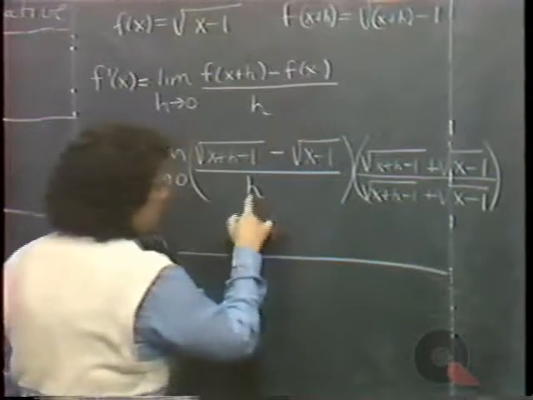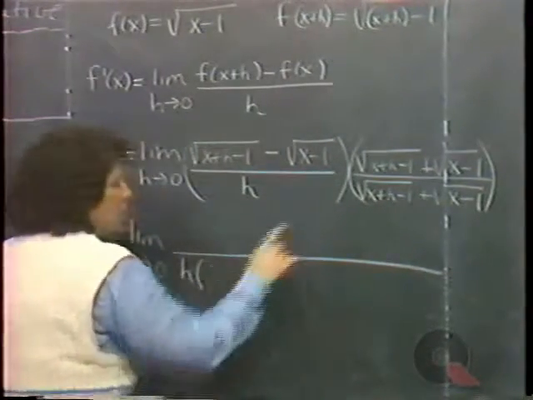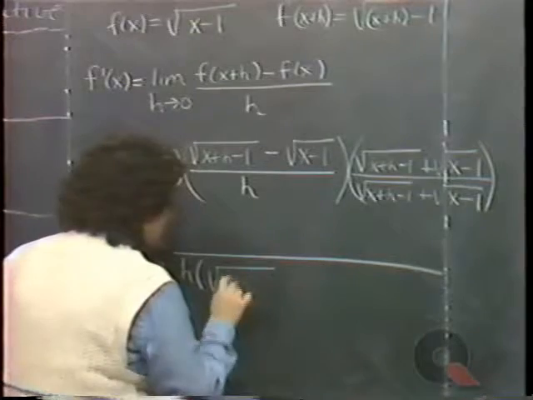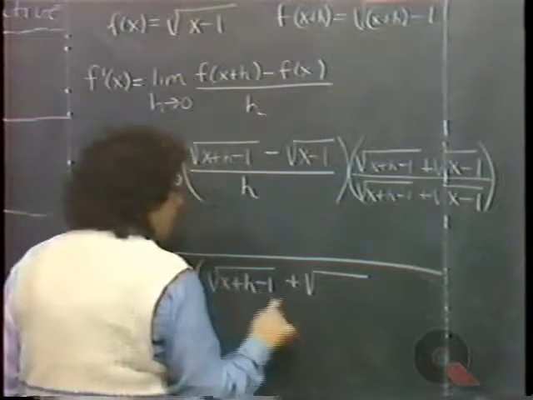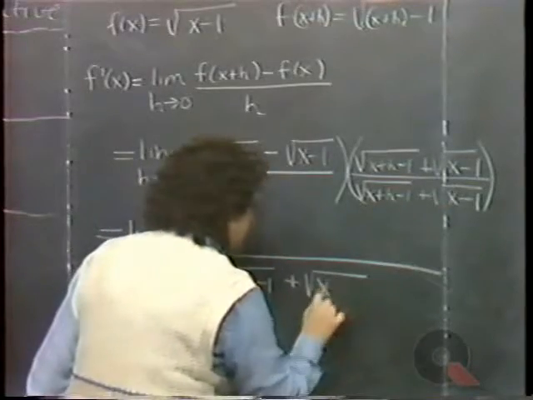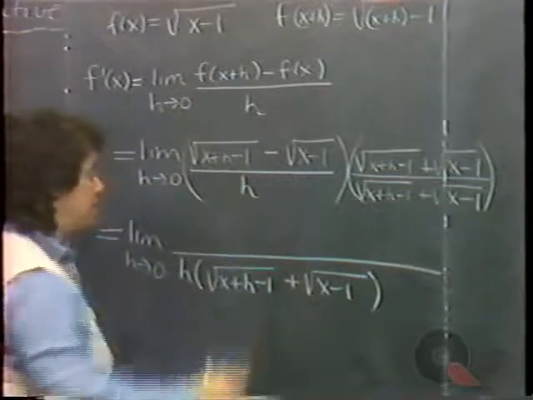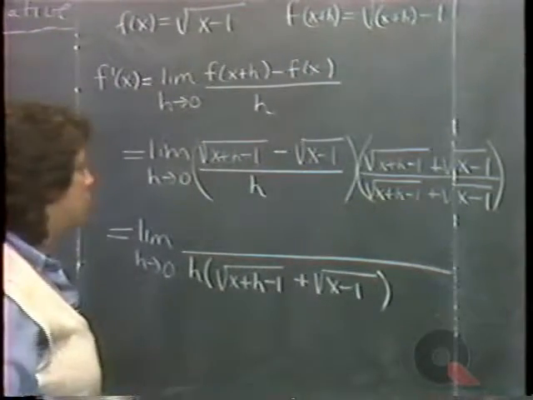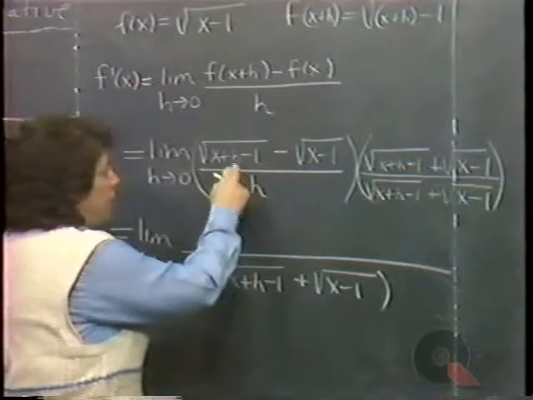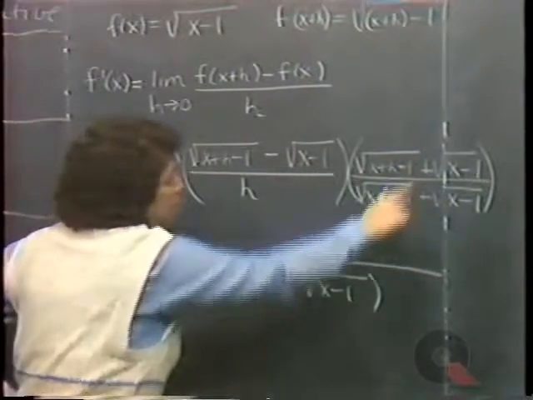The denominator becomes h times the sum of the square roots, x plus h minus 1 under the radical, and then the square root of x minus 1. So the denominator is obviously messier than we started with. The numerator, however, simplifies quite a bit, because what you have here is really a minus b times a plus b.